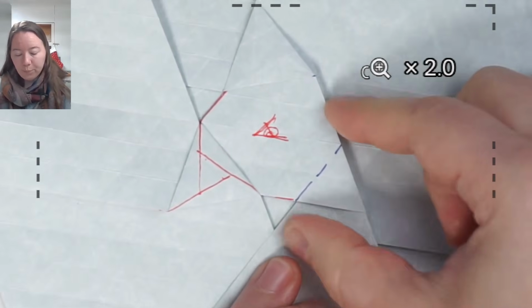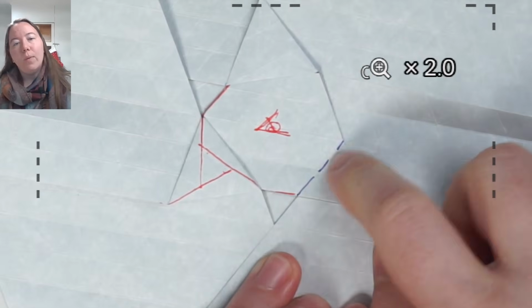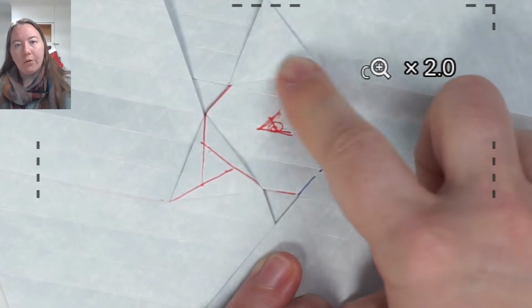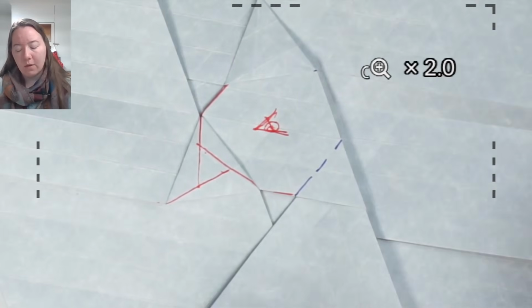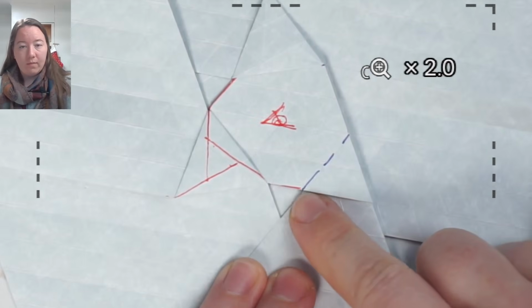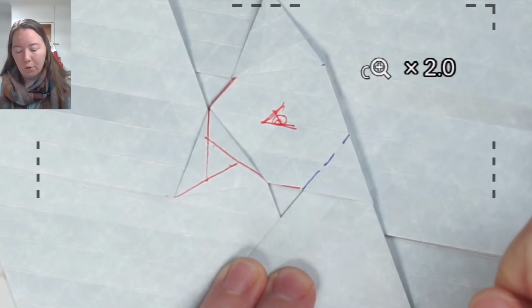From here, we have a pleat overlap, and we can see where this valley should go based on that alternating set of folds around the center. If we hadn't drawn that on the paper, we would also see that it comes to the corner of the open triangle hole.